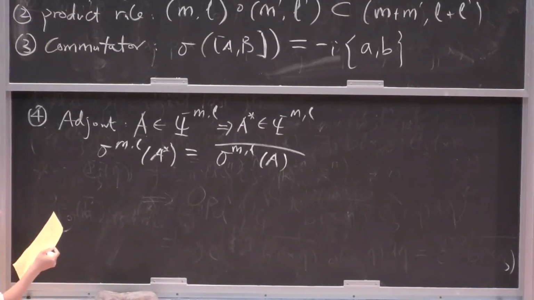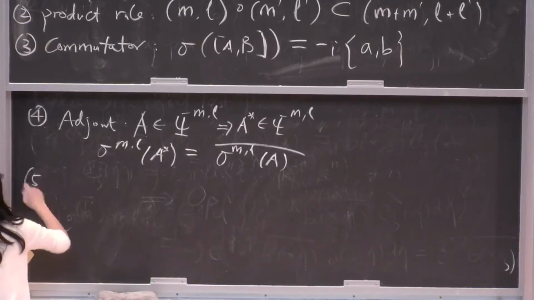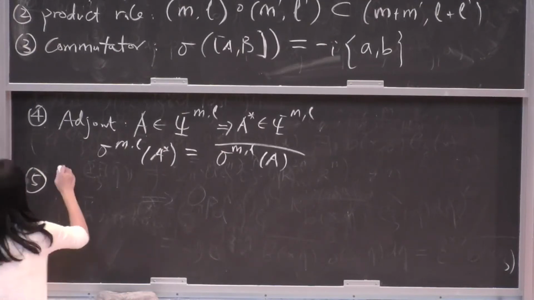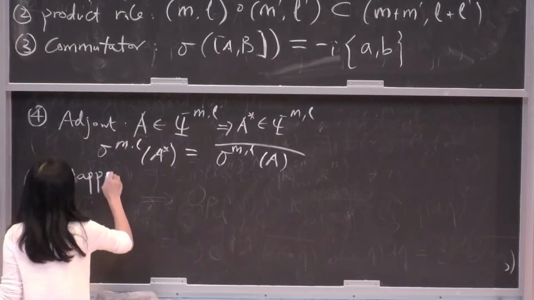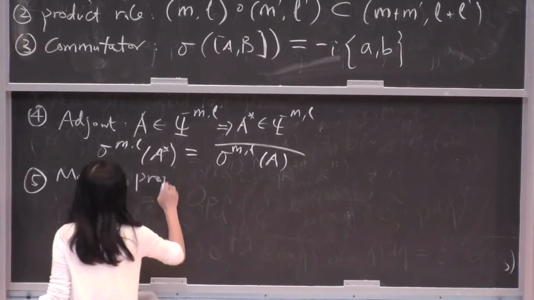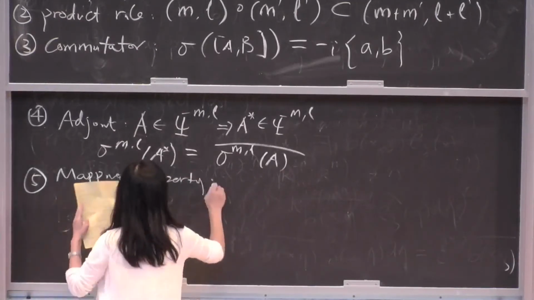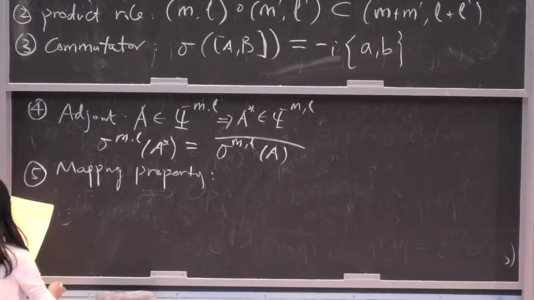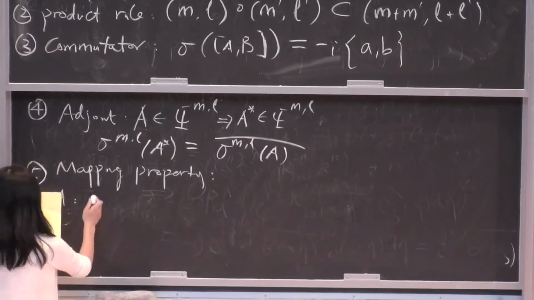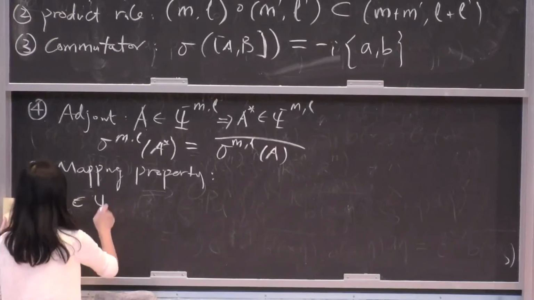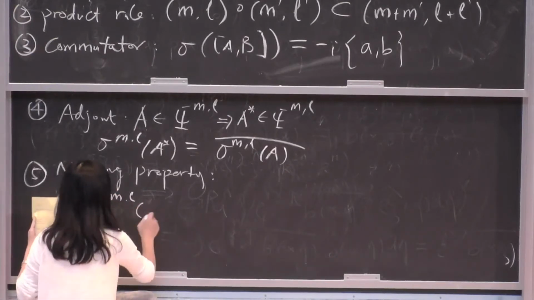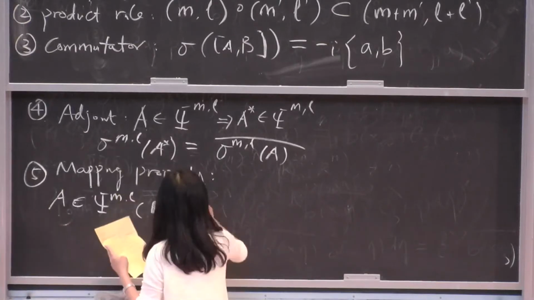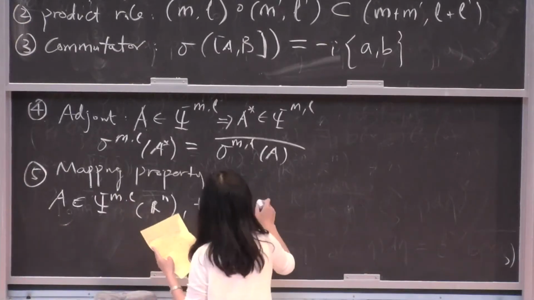Now here comes the thing that's different, and that's going to be useful later, which is the mapping property. The mapping property is the following: if A is in order m,l, then the following operator is bounded.